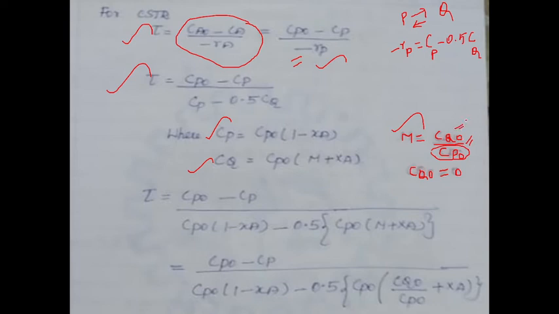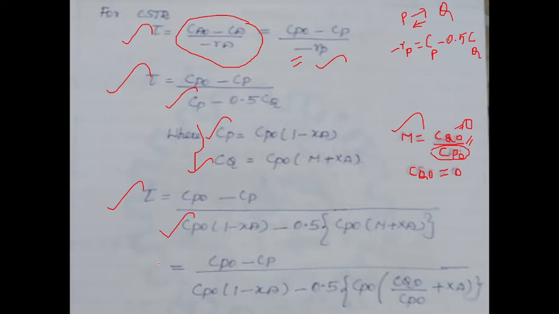After substituting the Cp and Cq values, what is the tau equation here? Tau is equal to the numerator part Cp naught minus Cp, whole divided by the denominator term. Cp is Cp naught into 1 minus Xa, minus 0.5 into Cq, which is Cp naught into m plus Xa.